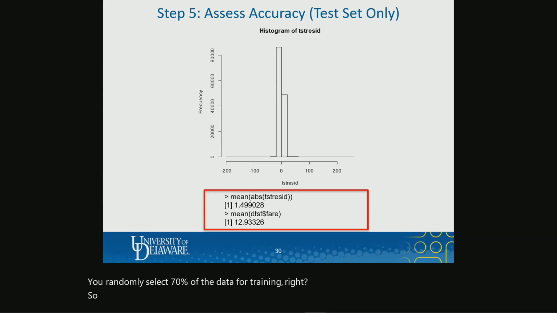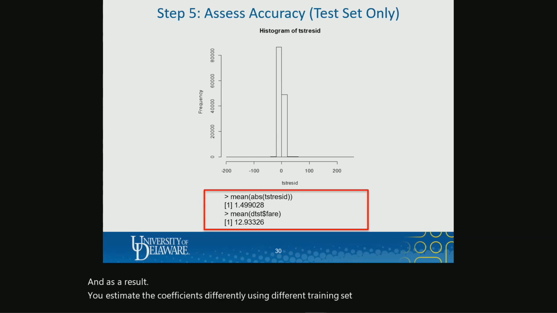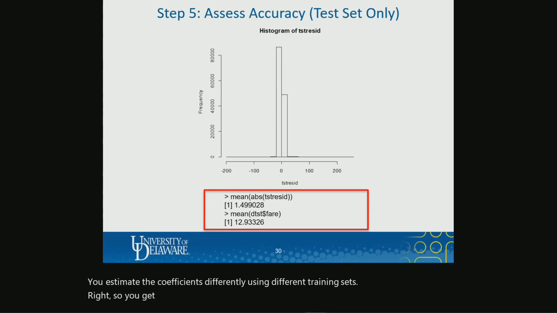So each time that you do it, you get a different part of the data set for training. And as a result, you estimate the coefficients differently using different training sets, right? So you get different estimates for the coefficients each time. So slightly different estimates for the coefficients.